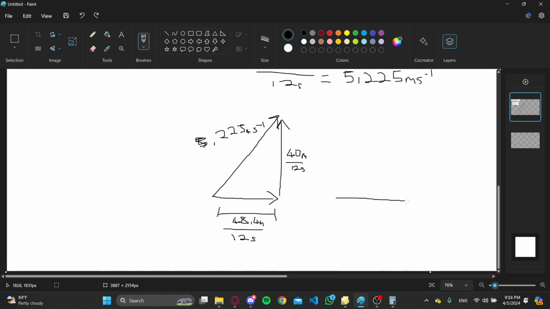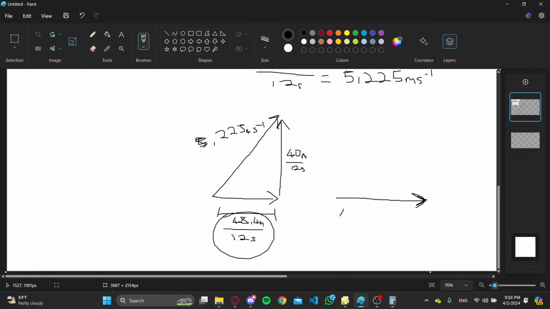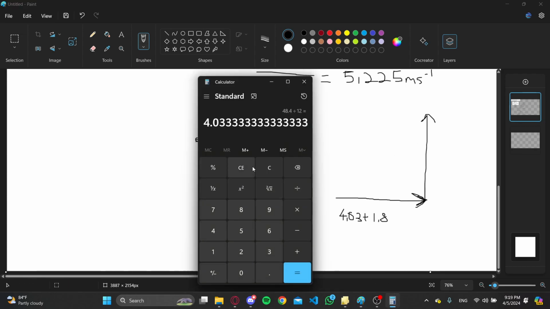So if we add the river, the right side vector becomes longer, and now it's 48.4 divided by 12, that's 4.03, plus the river is 1.8 meter per second, and then this upwards one stays the same, it's just 40 divided by 12, which would be 3.33.